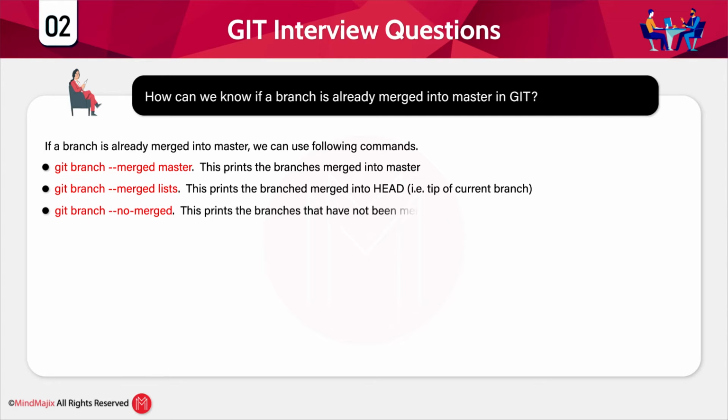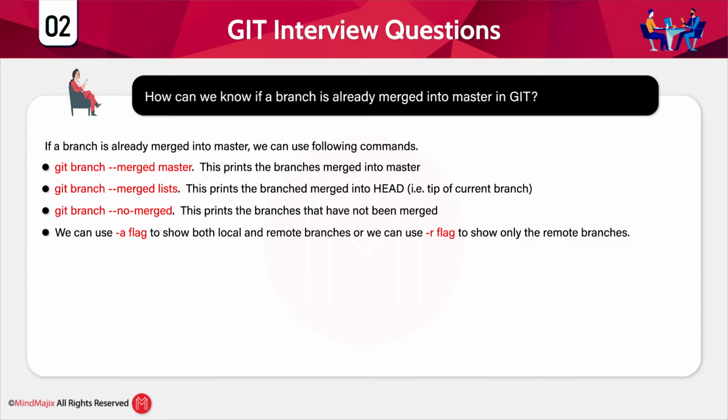Git branch --no-merged prints what? Branches that have not been merged into the master branch. We can use the -a flag to show both local and remote branches, and we can use the -r flag to show only the remote branches. This is the answer for this question.